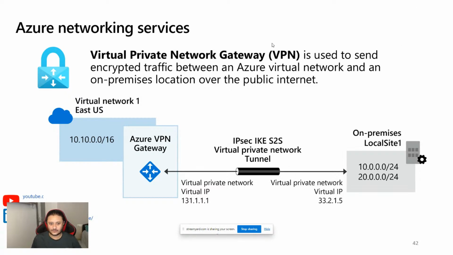Okay, so let's see here. Now consider that you have created your virtual network, and you also created a subnet. Within your subnet you will put down the resources, right?